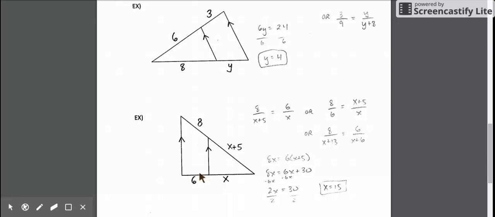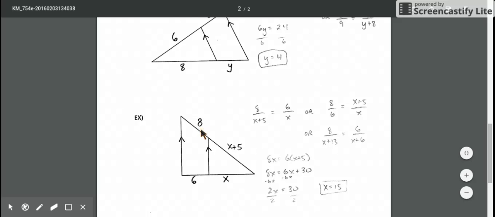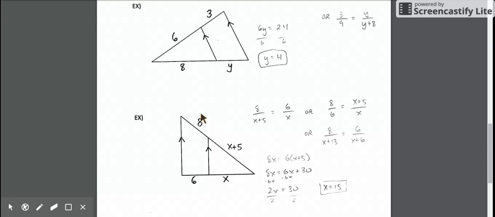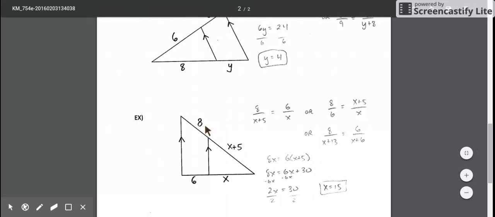We could do it another way. We could go across the triangle and set up those proportional parts. So 8 to 6 is equal to x plus 5 to x. And we could cross multiply and solve that. Or one last thing we could do is set up a piece to the total length. So 8 to 8 plus 5 plus x, or x plus 13, the total length over there.